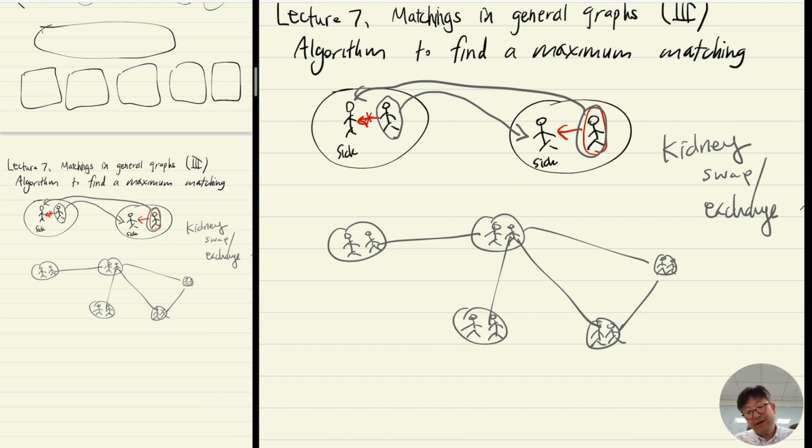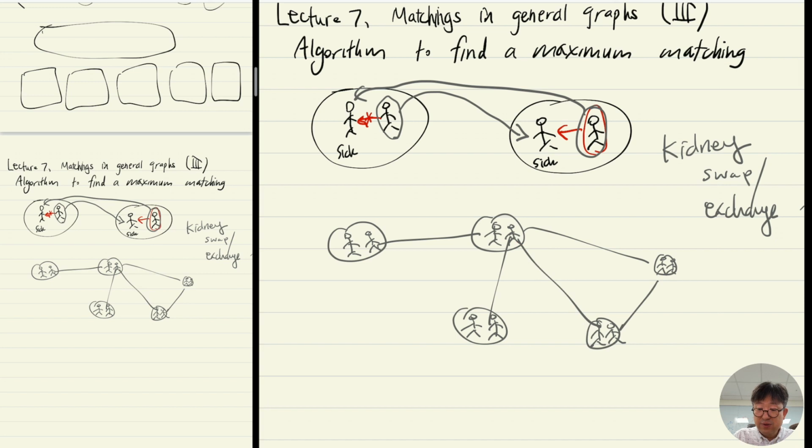So which pair of couples would you do the surgery? For instance, if I make an exchange over this couple, then no further couples can get any surgery.